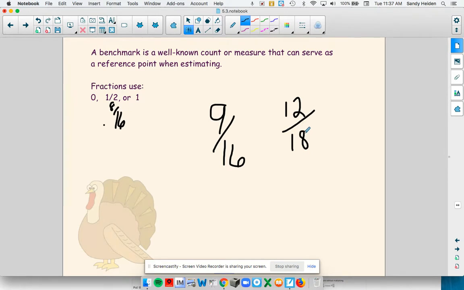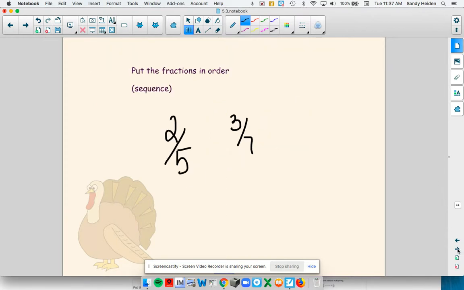Half of 18 would be 9, so this is more than half. And this is just more than half. Where half of 18 would be 9, this is way more than half, so this one would be bigger. So sometimes that works for me to think, is it closer to 0, 1/2, or 1? It's called benchmark fractions.